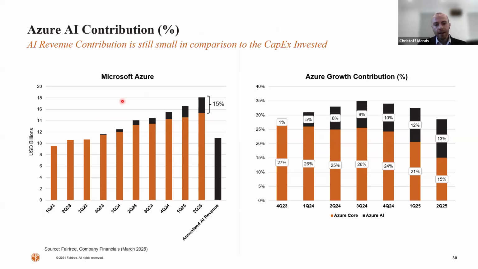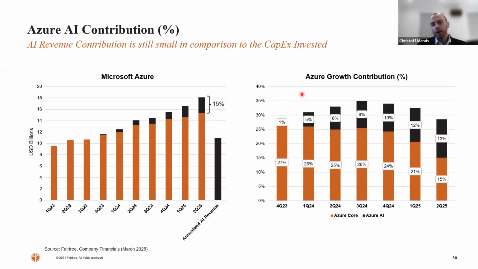In the latest quarter, it was around 15% of the revenue from that segment, so annualized, it's just over 10 billion. 10 billion is not a huge amount considering they're spending 80 billion, but what is more important is the growth trajectory of Azure AI services, which will predominantly pick up as the next generation of data centers continue scaling and being finished, because they're currently being built.